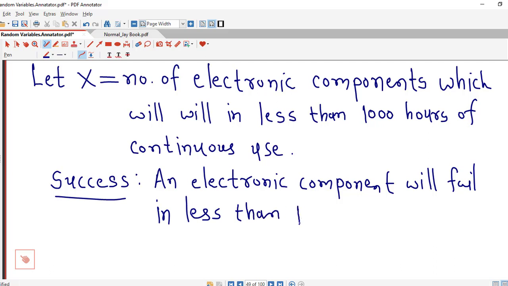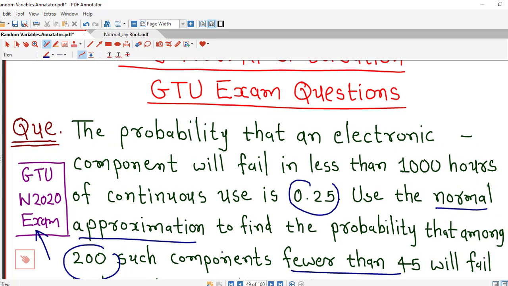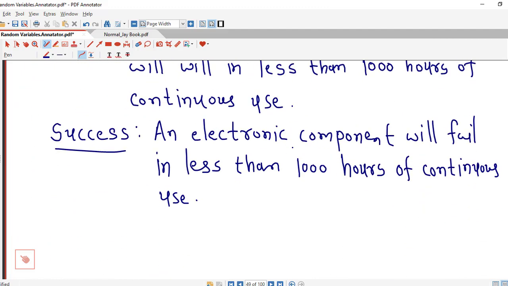If this event is considered as success, then it is given that the probability of an electronic component failing in less than 1000 hours of continuous use is 0.25. So we are given the probability of success as 0.25.